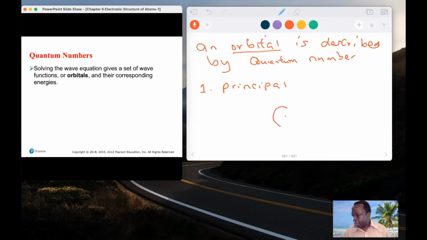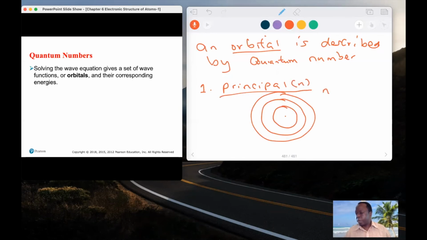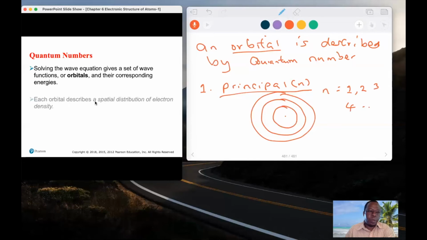The principal number, the shell number, takes the values 1, 2, 3, 4, not 0, we don't have 0, all the way, moving away from the nucleus.